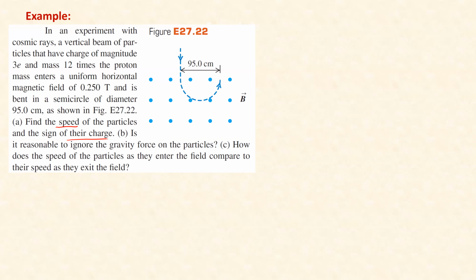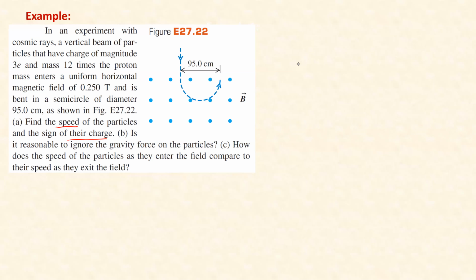No ideas? From their motion, you see the B field is out of the page, isn't it? And the velocity is... Ryan, you said negative. Why is it negative?